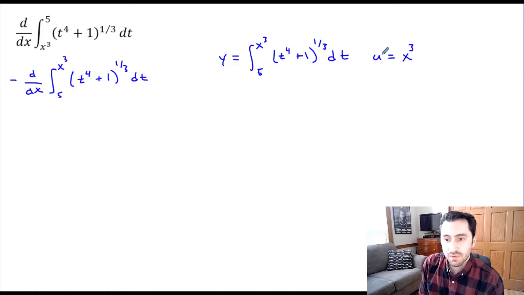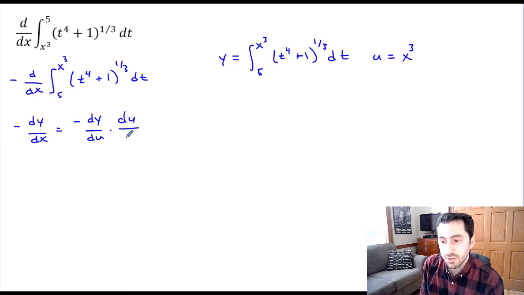So I still want to find the derivative of this whole thing, but I define this as y. So what I want to do, still have my negative out front, I want to find dy over dx. And if we split that up using the chain rule, we have dy over du times du over dx. So we have our two parts here. And let's find the derivative of each of those.